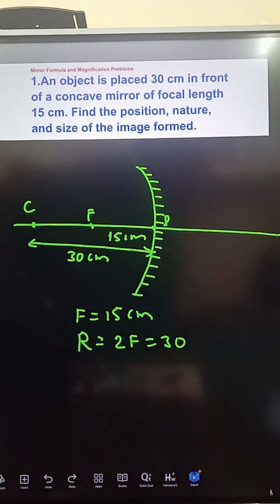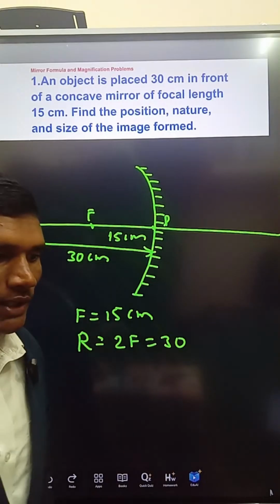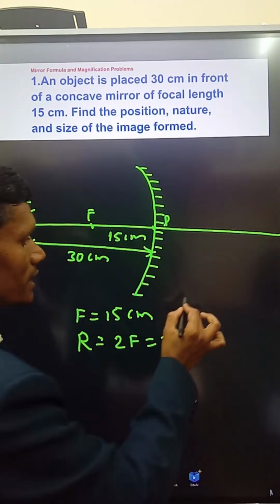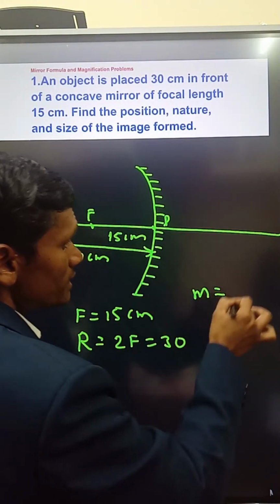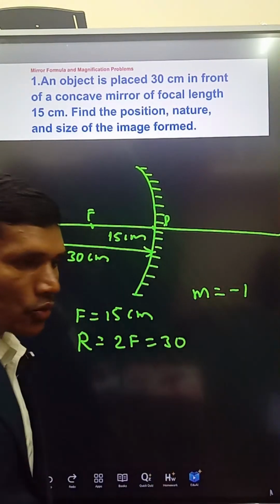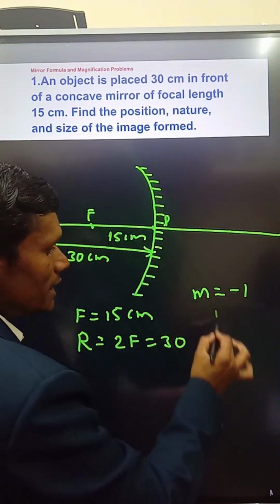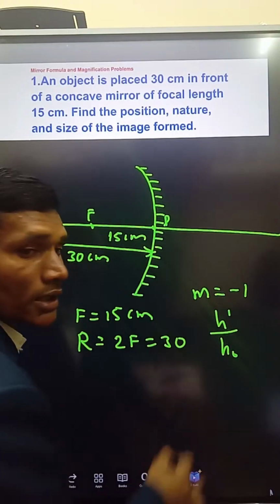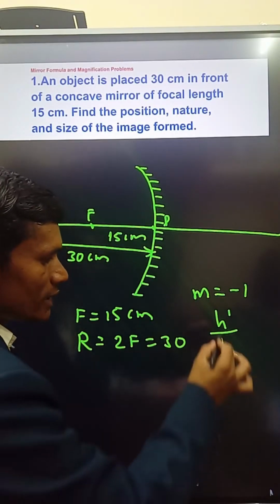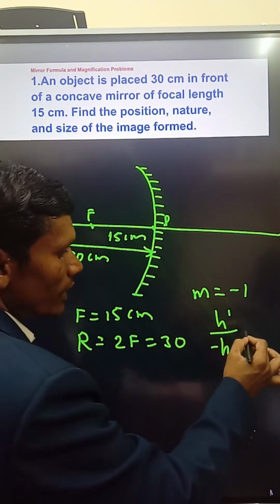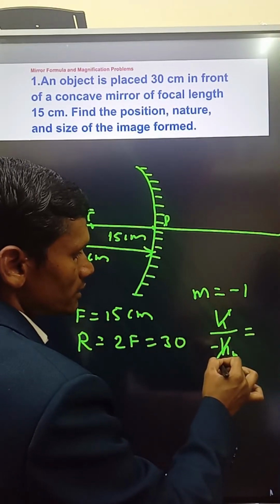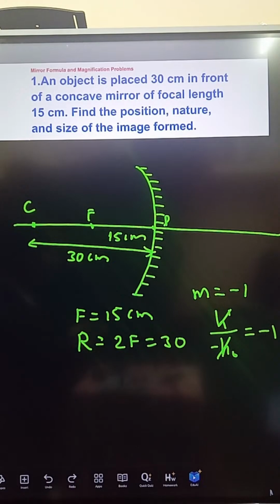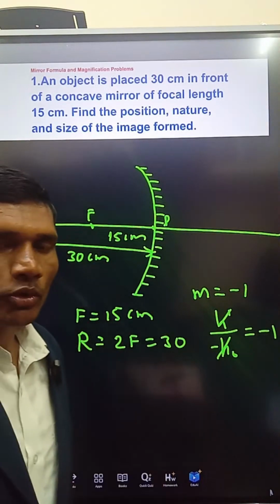We don't need to calculate, because magnification is -1. Why does it come? Here the height of the object and the height of the image both will be equal. Since you are measuring this distance, it gives a negative value, so both get cancelled. Since both are the same, finally we get -1. So magnification is -1.